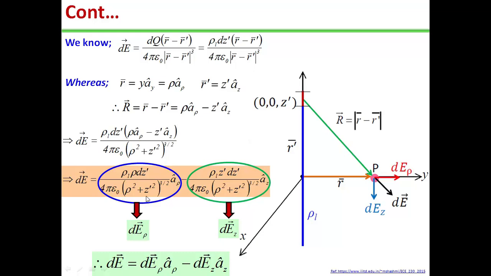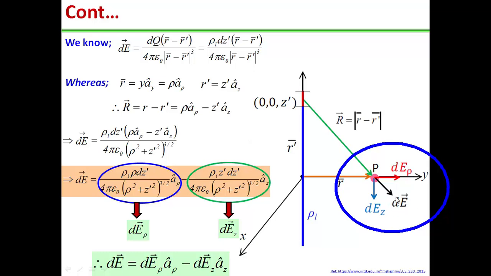The first component is basically the incremental electric field along the rho direction, whereas the second component is the incremental electric field along the z direction. The resultant of the E rho component and Ez component will provide the incremental electric field.